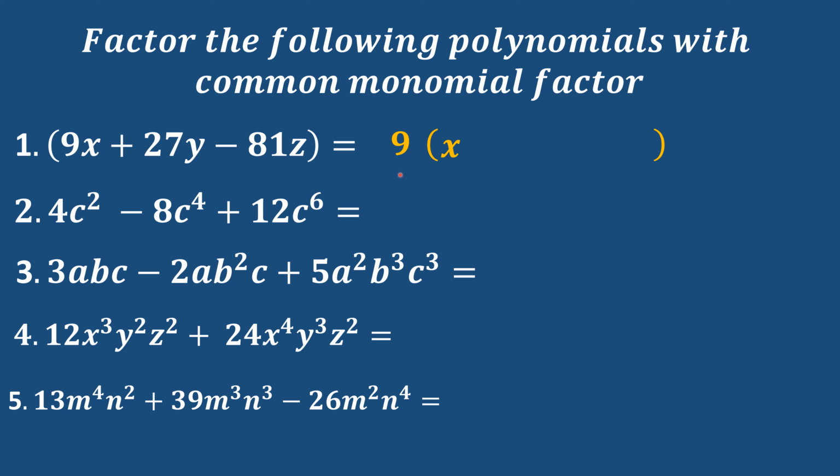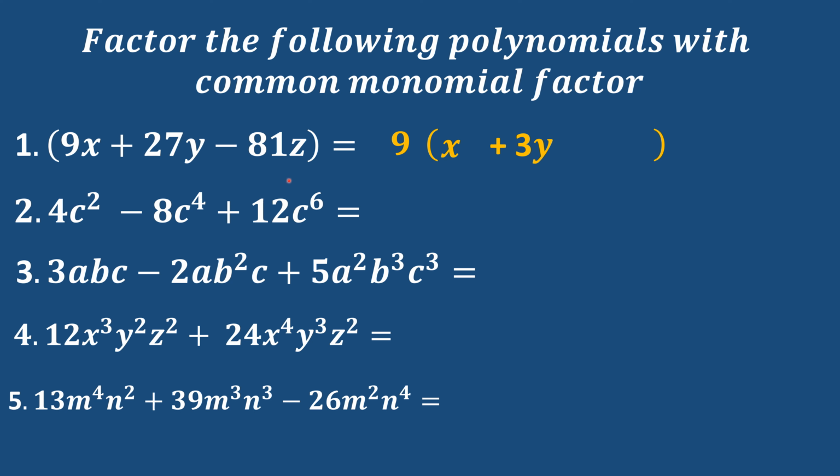Next, what shall we do? We are done dividing 9x by 9. This time, we now divide 27y by 9, which is equal to 3y, because 3y times 9 will give us 27y.